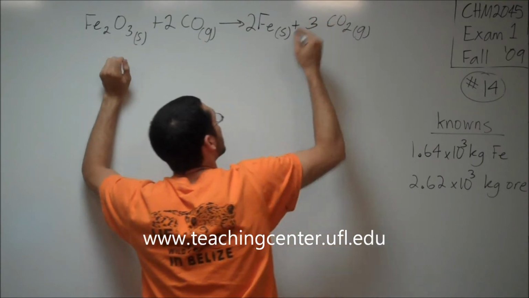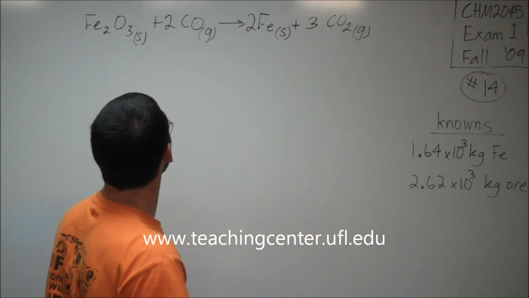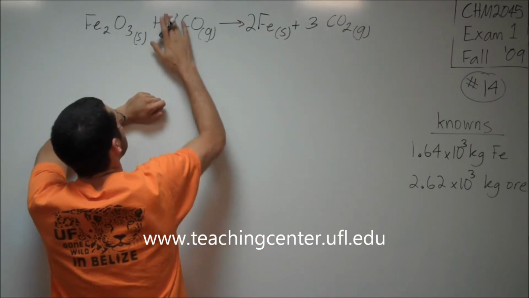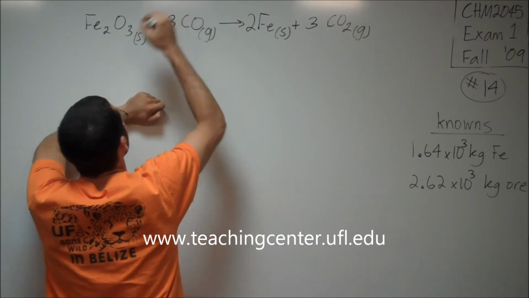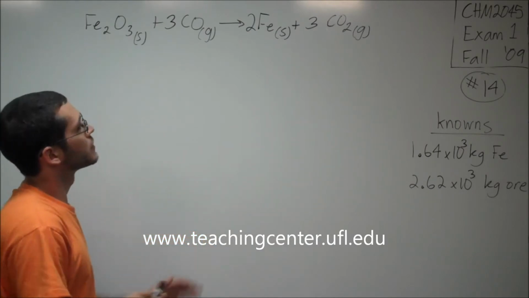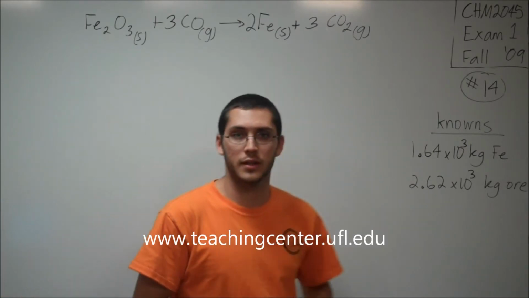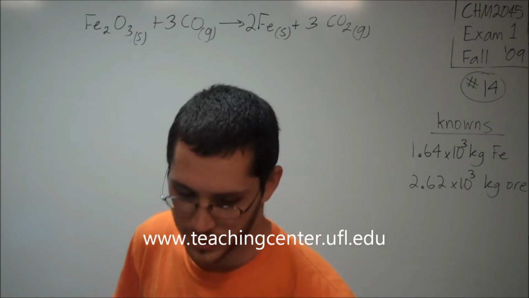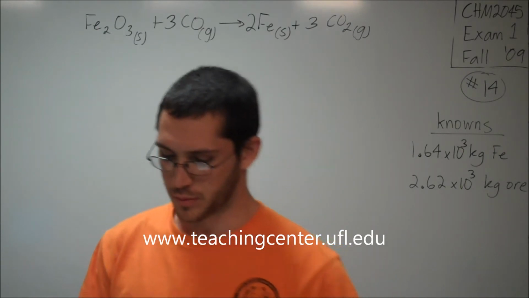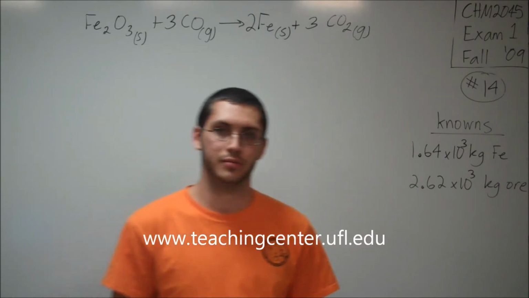Let's move this up a number. Now I have six O's. But I can make this six O's. And now the carbons are good, irons are good, oxygens are good. So hopefully you can also balance this without freaking out. It's very easy to, unfortunately, freak out.